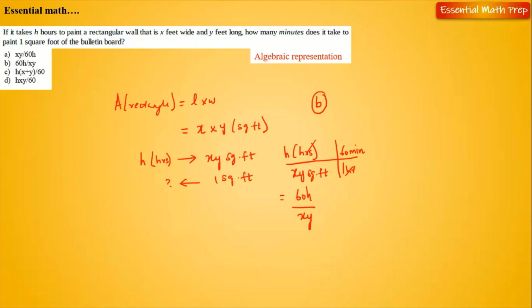Now you know the area of the rectangular wall is xy square feet. If it takes h hours to paint that wall, what would it take to paint a wall that's only 1 square foot? Then get that expression as an hours versus square feet ratio, and convert it to minutes using the hours to minutes conversion, and you have the correct answer.